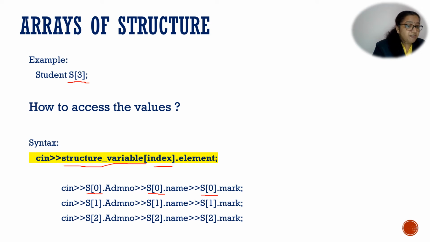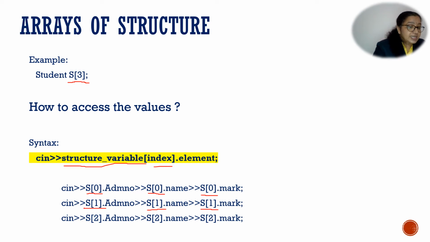That means the first student's admission number, then his or her name, then mark. Then for the next student, s[1], see the index number? s[1].admission number, s[1].name for the second student's name, then s[1].mark for the second student's mark.